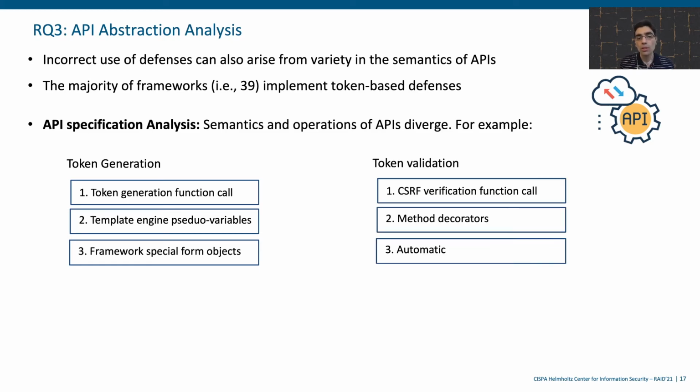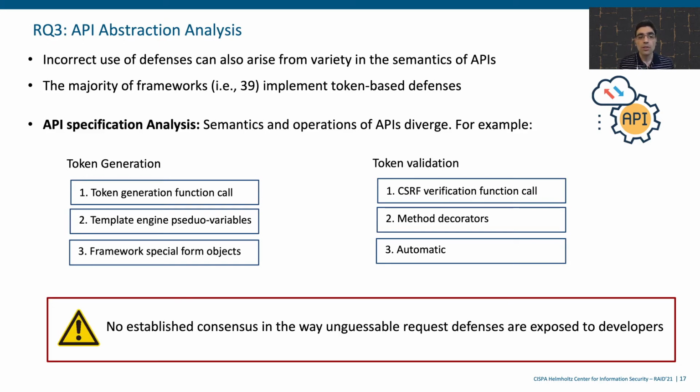Similarly, the token validation is done in distinct ways. For instance, by calling the CSRF verification function, by using method decorators, or it can be completely automatic. Overall, we observed that there is no established consensus in the way unguessable request defenses are exposed to developers.